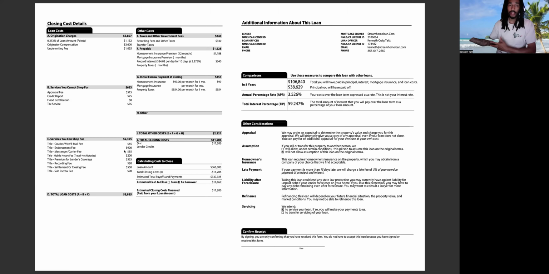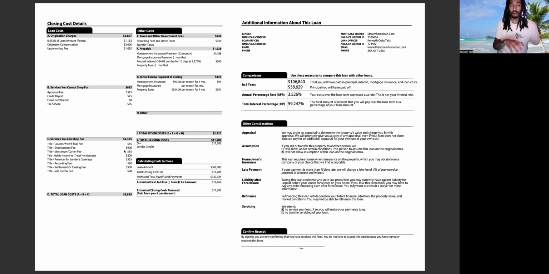This updated settlement statement should have the accurate fee for the appraisal. At that point, you would have turned in an invoice for your credit report. If your credit report is exactly the same, then great. Or if it's higher or lower, that invoice will reflect it, and then that'll be disclosed on the closing disclosure.